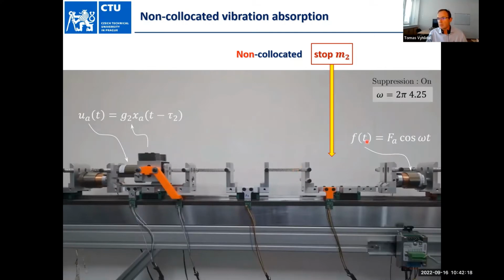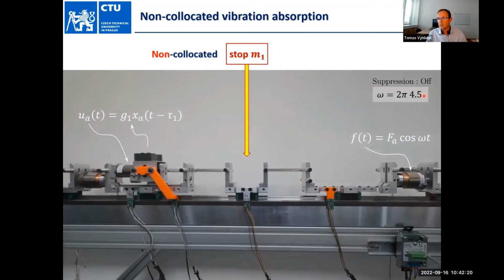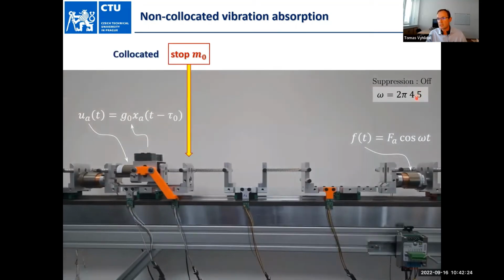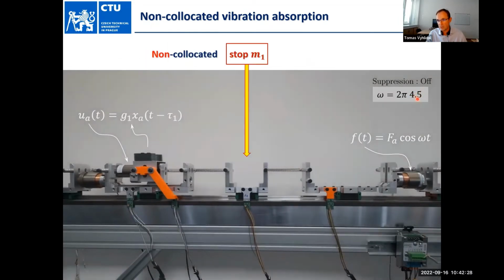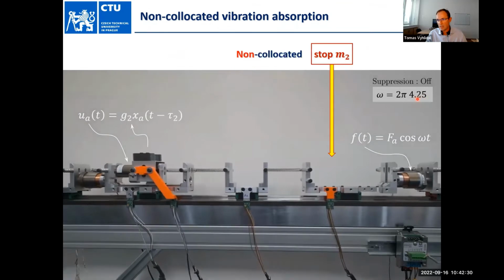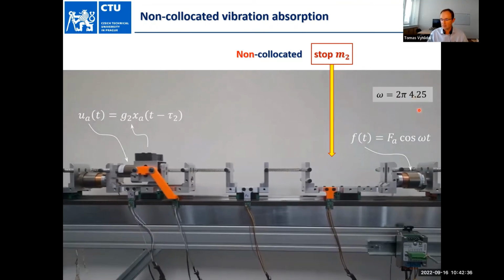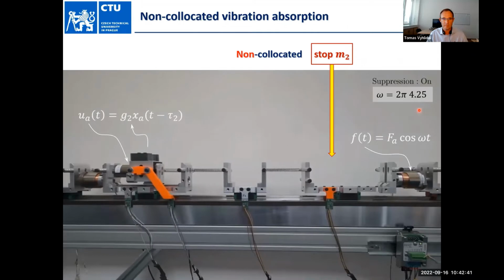You may notice that we had to change the frequency. In the first applications, we had the excitation frequency of 0.5 hertz, but in the last one we had to lower it a bit, because for 0.5 it was not stable.